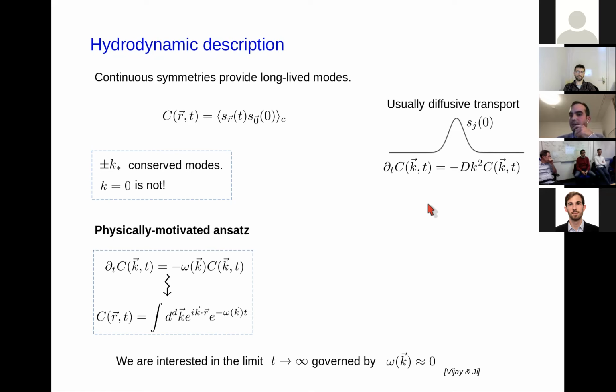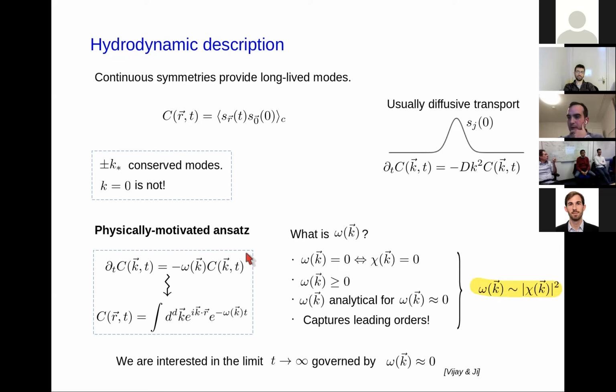So if we take the limit of t going to infinity, this will be governed by the places where omega of k vanishes. However, we still need to say what this omega of k is, right? So let's put some requirements.